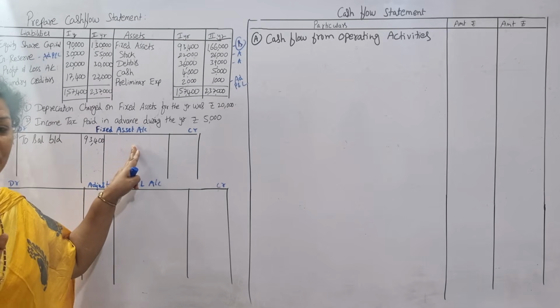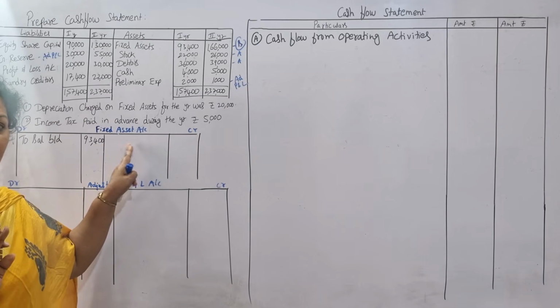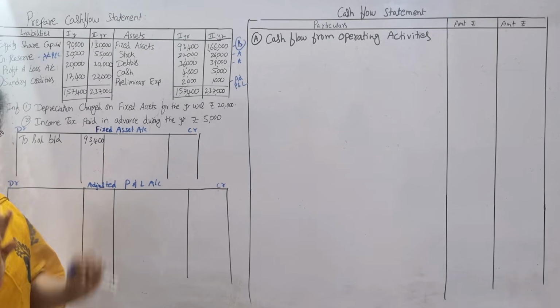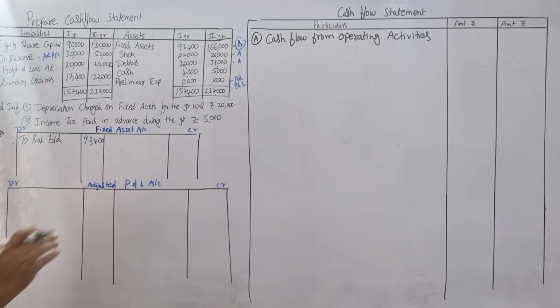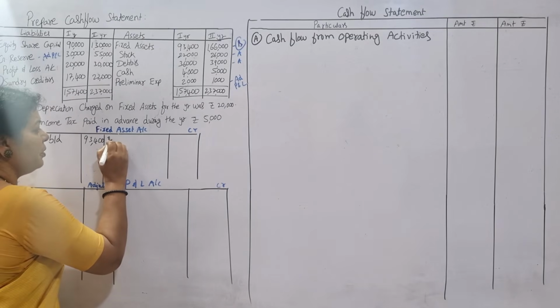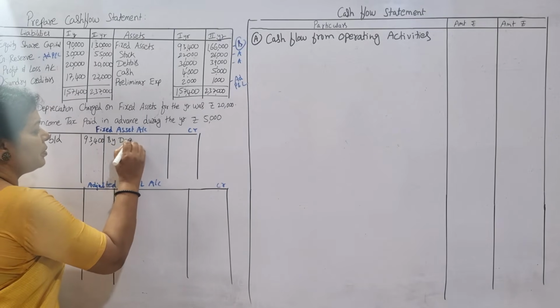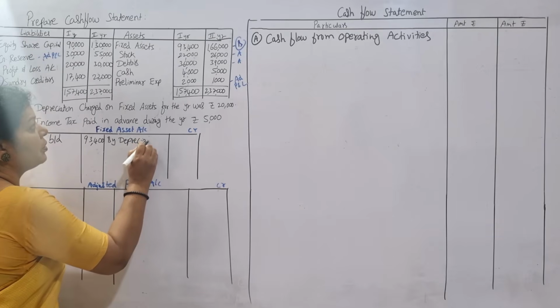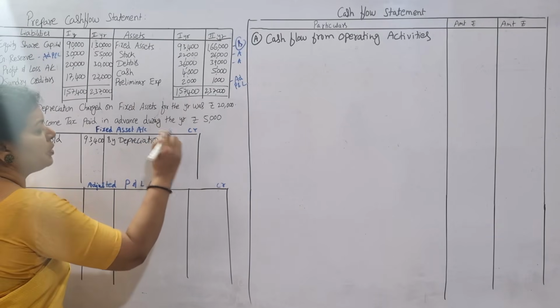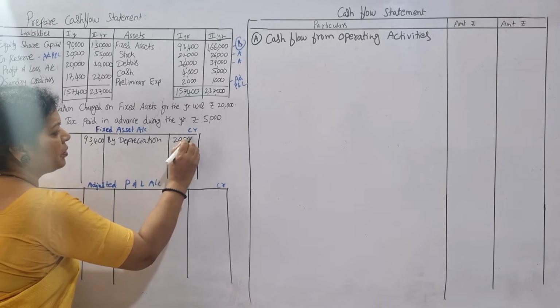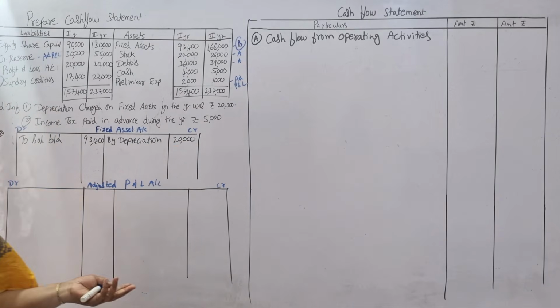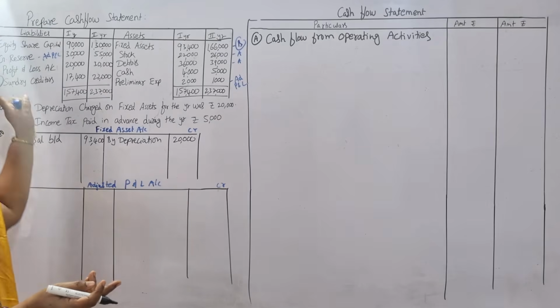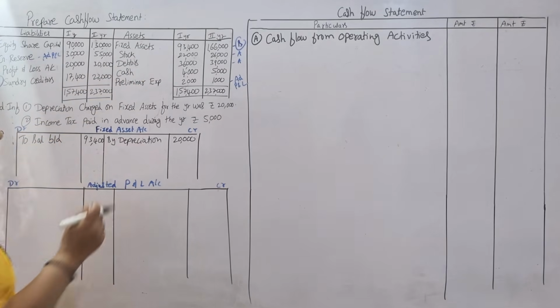The profit and loss account debit side we know, and here it comes on the credit side, double entry system. So by depreciation, 20,000. Nothing else to write. So closing balance of fixed assets, 1,66,000.